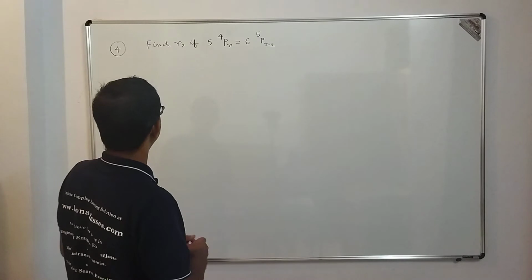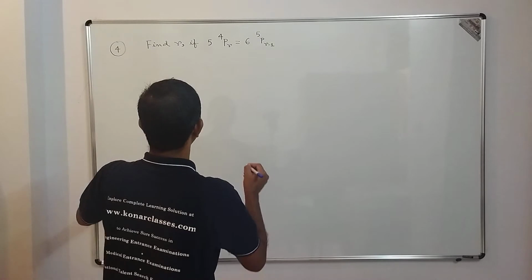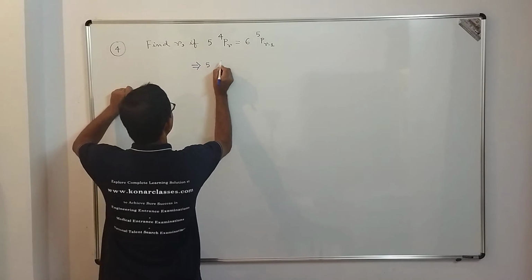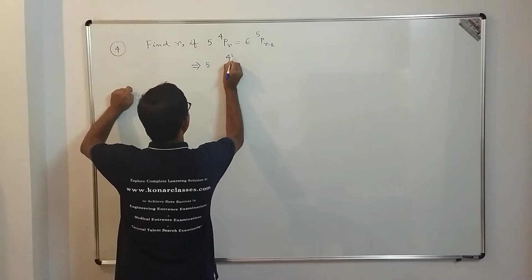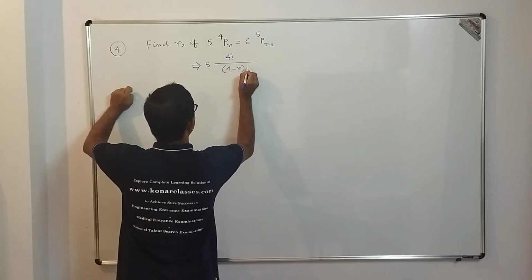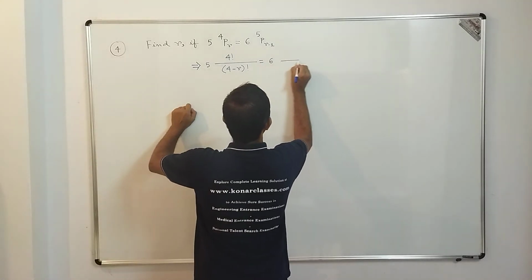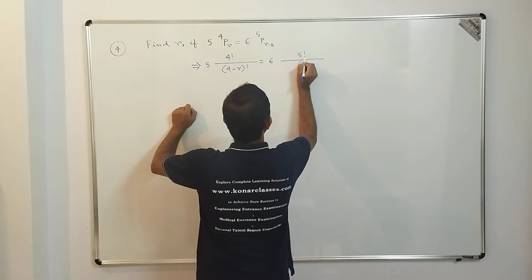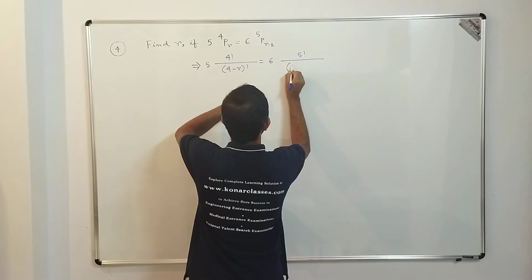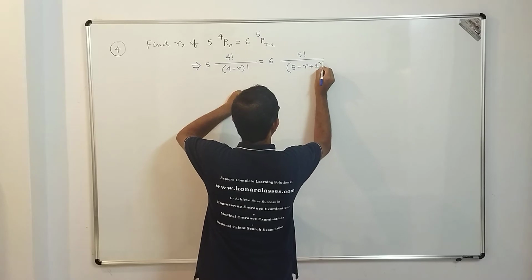Okay, now any condition on r? No condition on r is given. Okay, now what we can get from here? So this implies that 5 into 4 factorial divided by 4 minus r factorial, that is equal to 6 into 5 factorial divided by 5 minus r plus 1 factorial, correct?